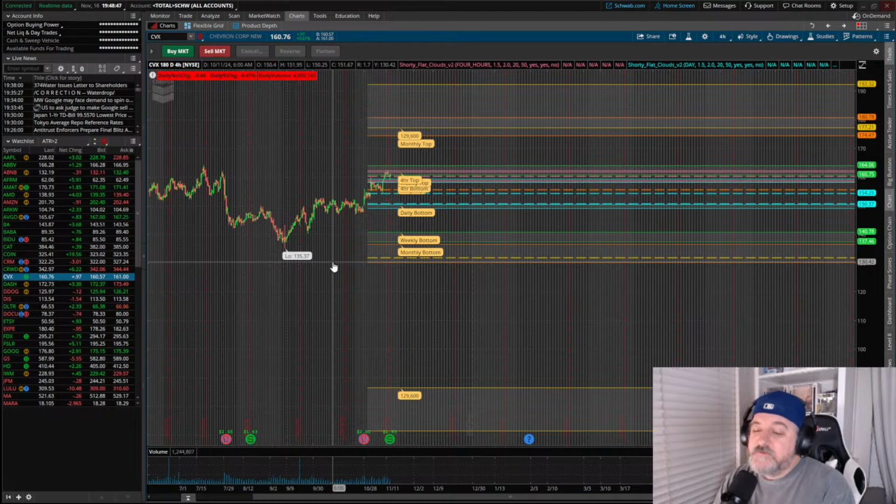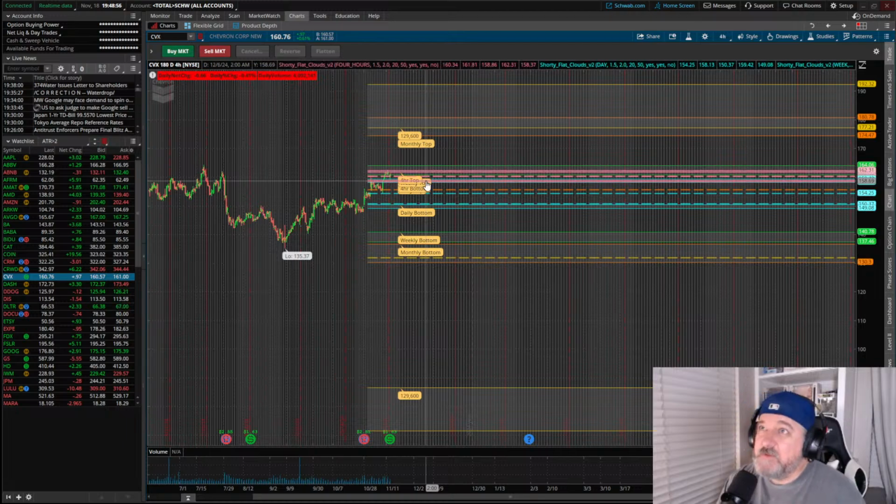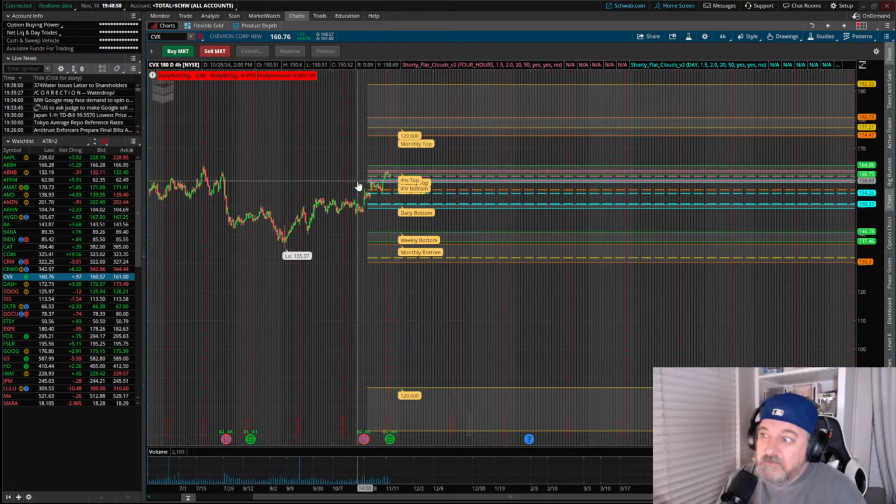There's no translation from ES to SPY. If you want to trade SPY off of ES charts, you can. And if you want to trade ES off of SPY charts, you can. But you can't say subtract 5,256 from ES and you have SPY's values, at least not that I know of.